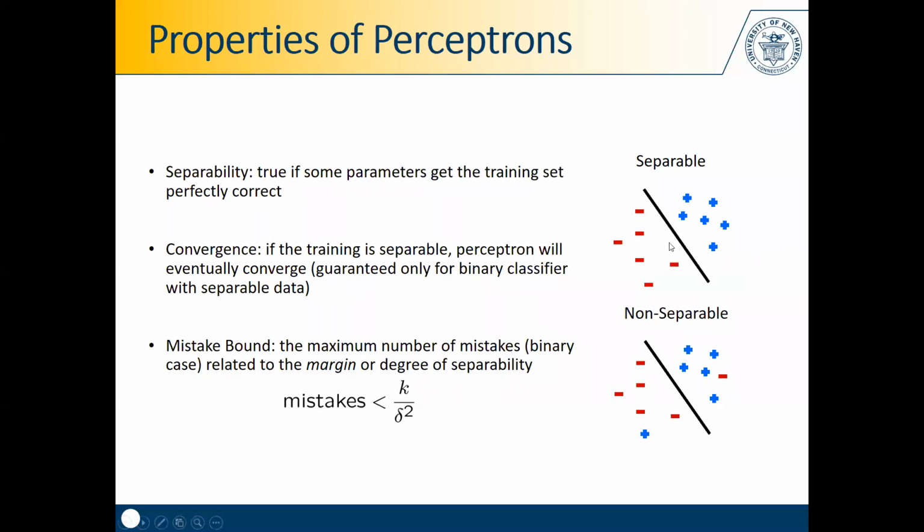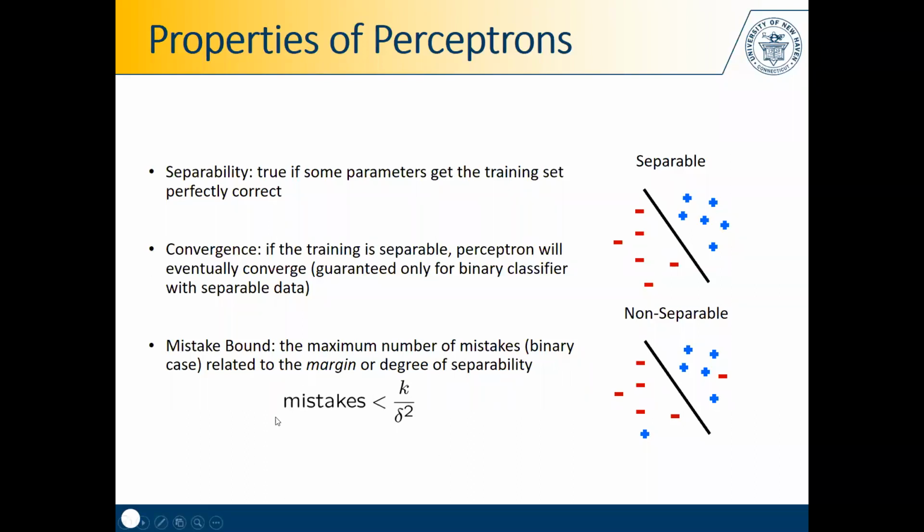The degree of separability is essentially a measure of how far the closest element of each class is to the decision boundary. So the distance between this instance and this decision boundary is called delta, or the margin. What's K in this formulation? K is the number of features.